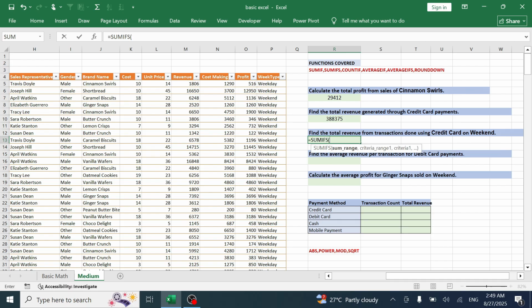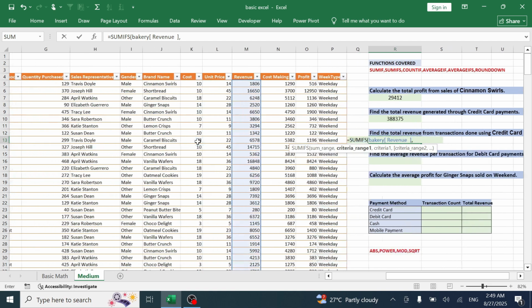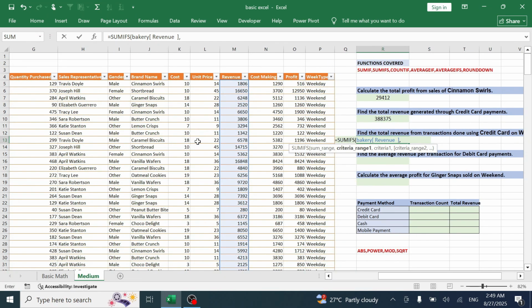So in the SUMIFS function, we need to give first the sum range, so we need to give the revenue column here. Now it is asking for criteria range first, so our criteria range 1 will be payment method. Criteria 1 will be credit card.